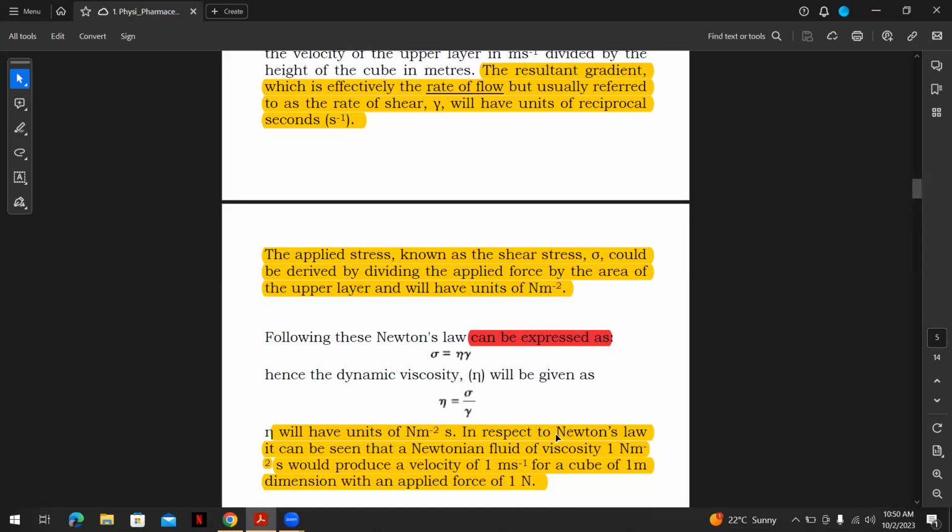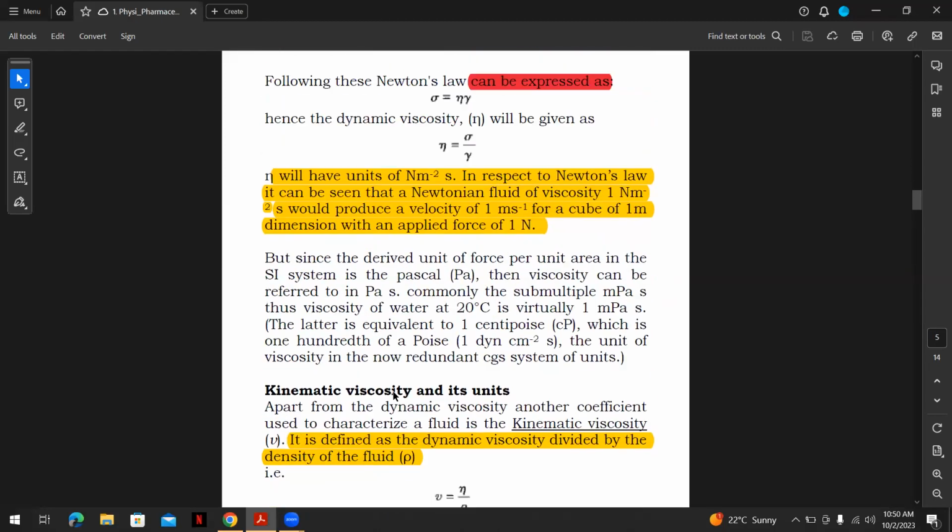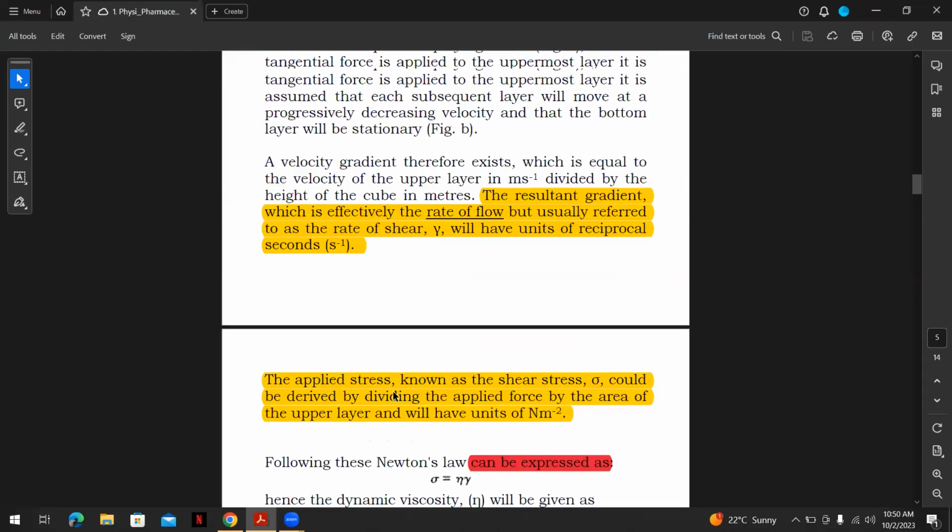So in respect to Newton's law, it can be seen that a Newtonian fluid with a viscosity of 1, those units, would produce a velocity of 1 meter per second for a cube of 1 meter dimension with an applied force of 1 Newton. So what are we basically saying here?